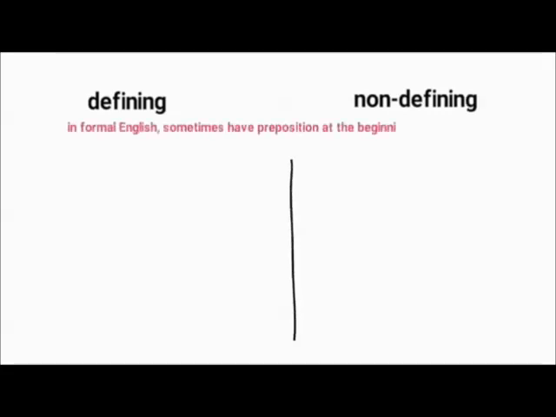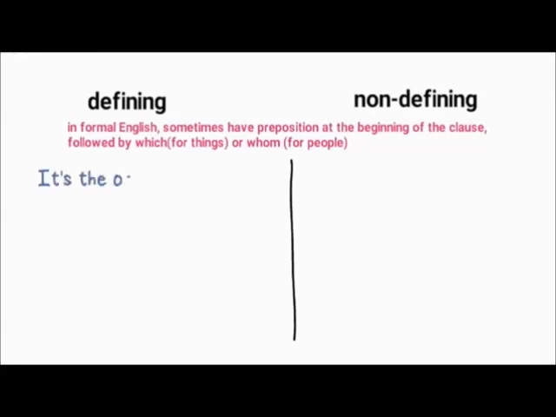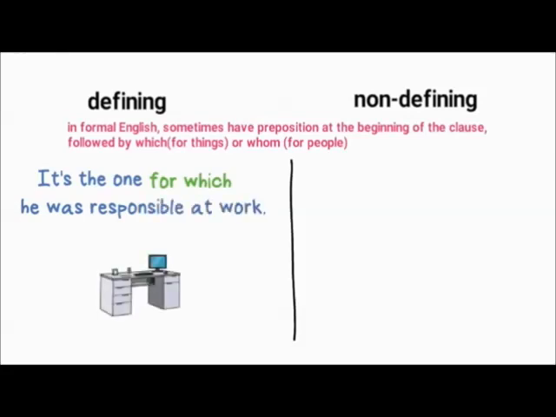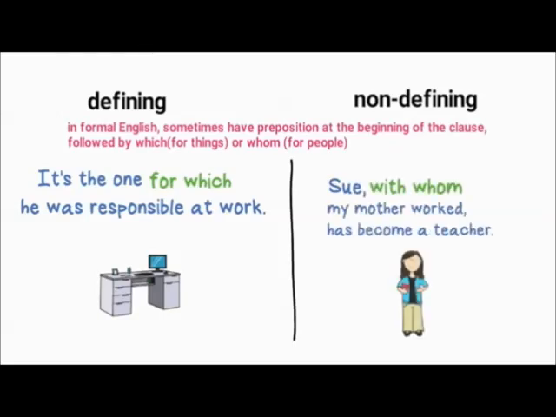In formal English, in both defining and non-defining relative clauses, you sometimes have a preposition at the beginning of the clause, followed by which for things or whom for people. So in defining relative clauses, you could say, it's the one for which he was responsible at work, and in non-defining relative clauses, Sue, with whom my mother worked, has become a teacher.